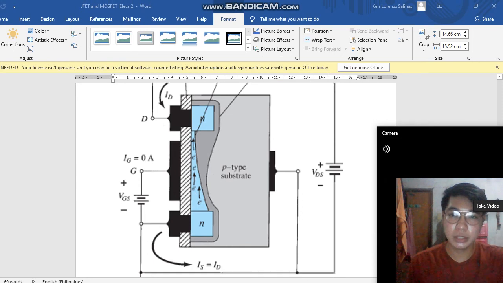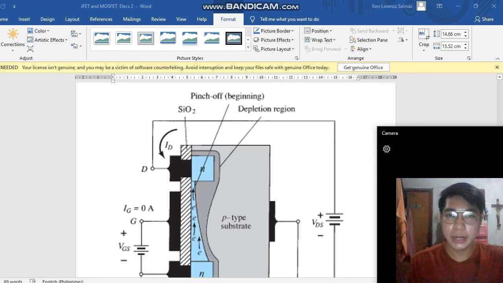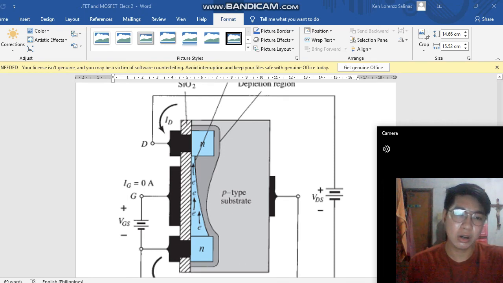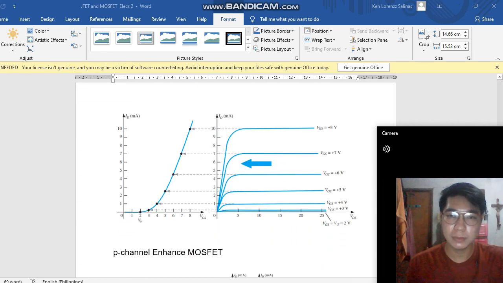Thus, as we increase the negative voltage on the gate, sooner or later it will create a pinch off beginning, and therefore there is no electron flow, or if we see it on the graph, it goes into the saturation level acting on the circuit.